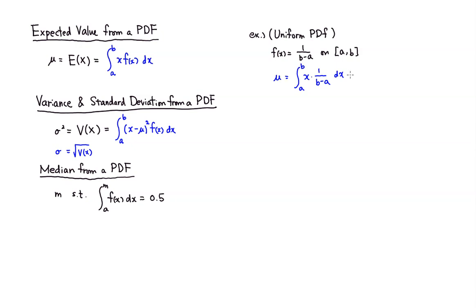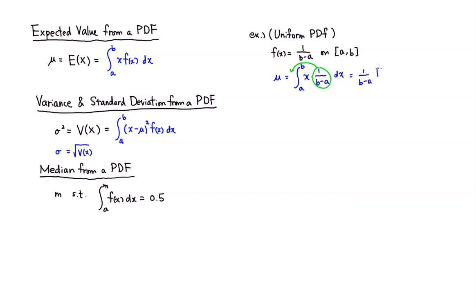So this is going to be equal to, right? So since this is just going to be a number, I'm going to kick this guy out. So you're going to get 1 over b minus a.